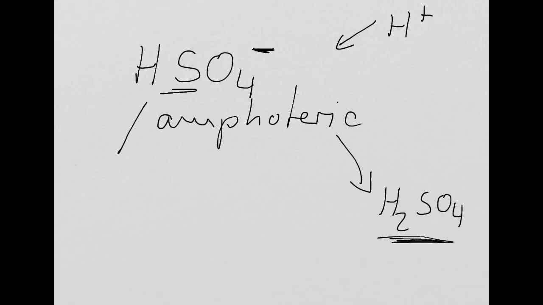Or it could give off a proton and become the double negatively charged ion. So this would be the base to the acid. So HSO4 minus is again an amphoteric molecule. Okay?